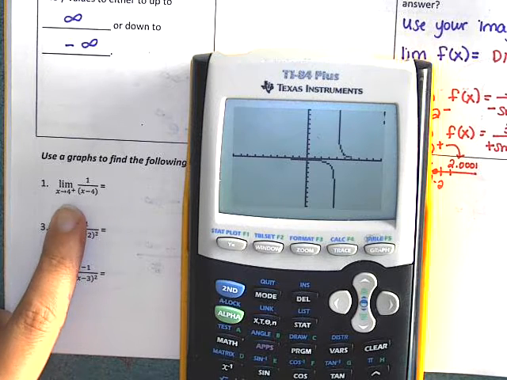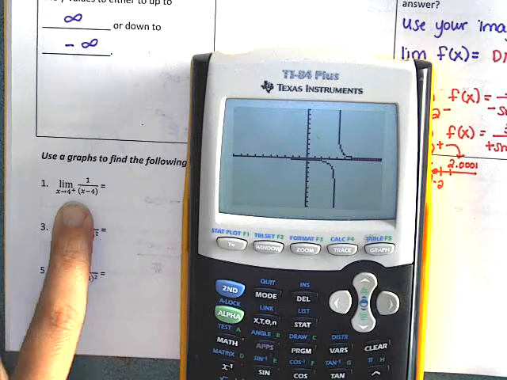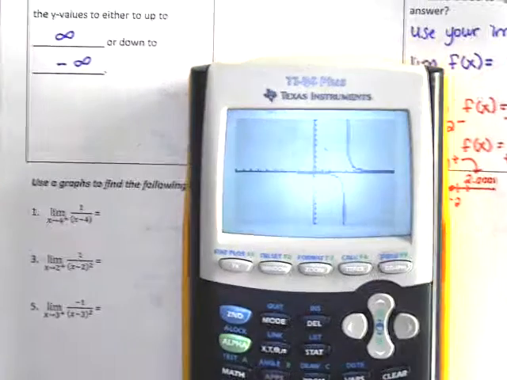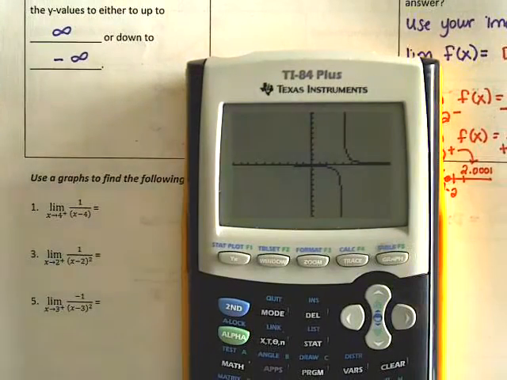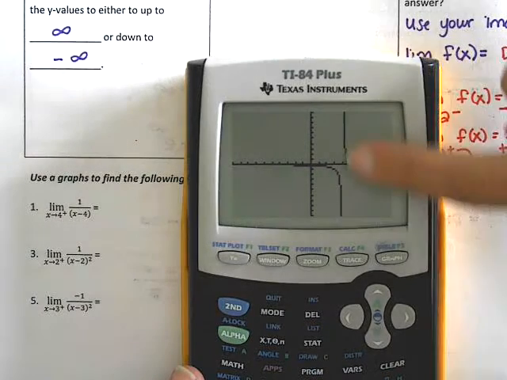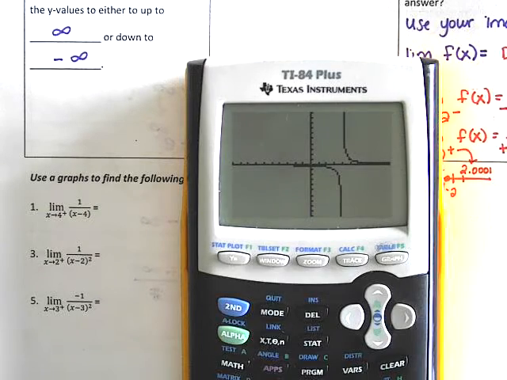Immediately upon seeing that I'm looking at the limit as x approaches 4, I should think to myself, ooh, something weird is happening here, because I know there's going to be some sort of a vertical asymptote at that specific number. Looking on this graph, I can see that there's something weird happening right close to the 4, which is what I expected.